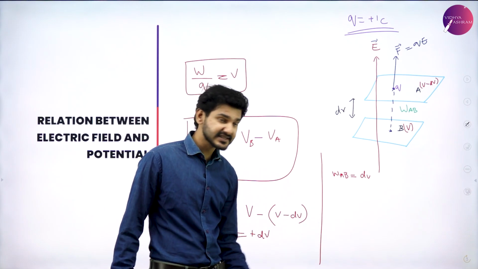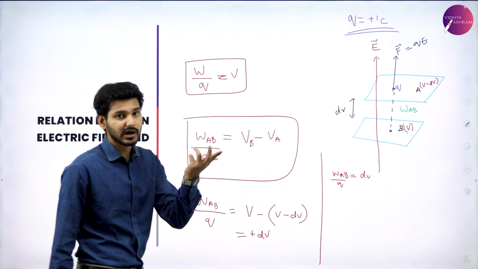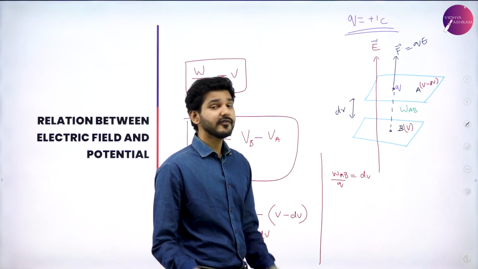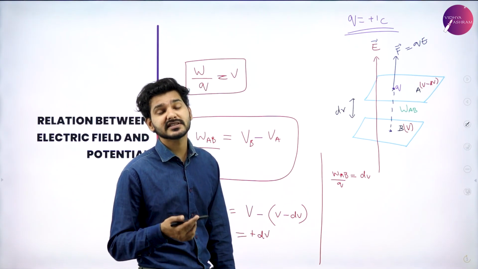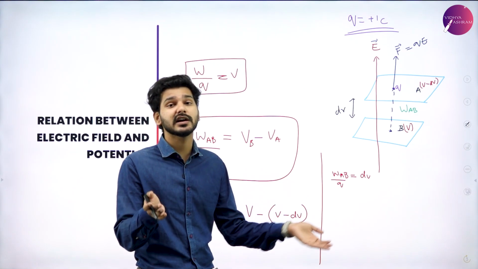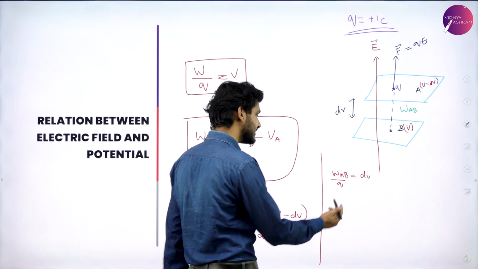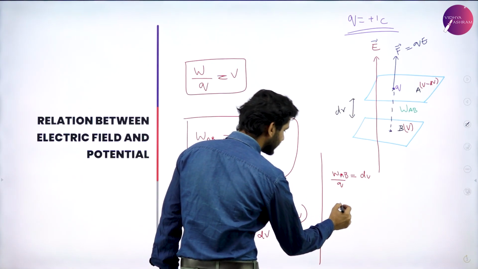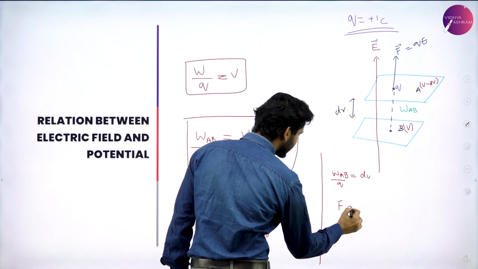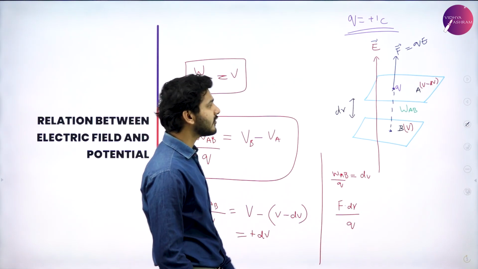Now we are not just done yet, because we already know the equation for work. In this particular point, we already know an equation for work that is given by force times displacement and the cos of the angle between the force and displacement. And we know that the work done here is from point A to point B, which means that work is nothing but F dot dr divided by Q. Why F dot dr?